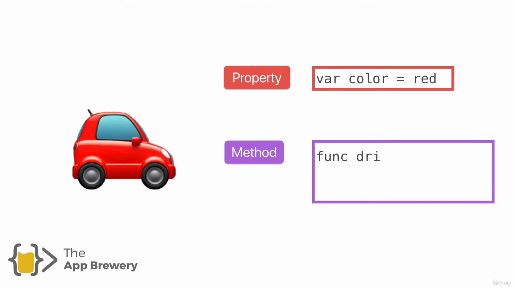And the methods for the car are things that the car object can do, like drive or brake or switch on the indicator lights. And it's through describing these properties and methods of the objects that will get created when our app is running. These objects are invisible. We can't see them, we can't touch them, but we can plan for how they will behave and how they will look by creating these properties and methods.